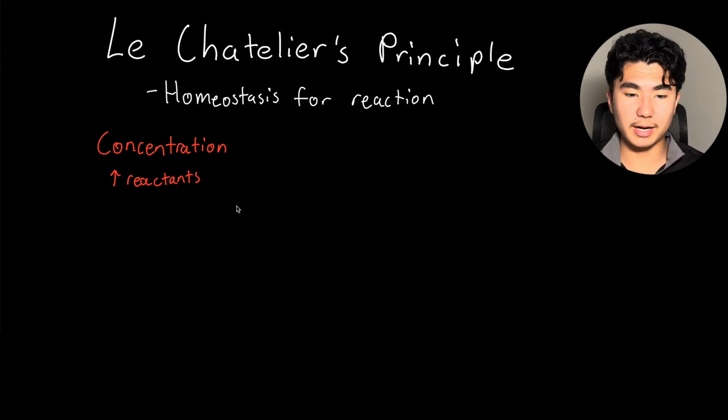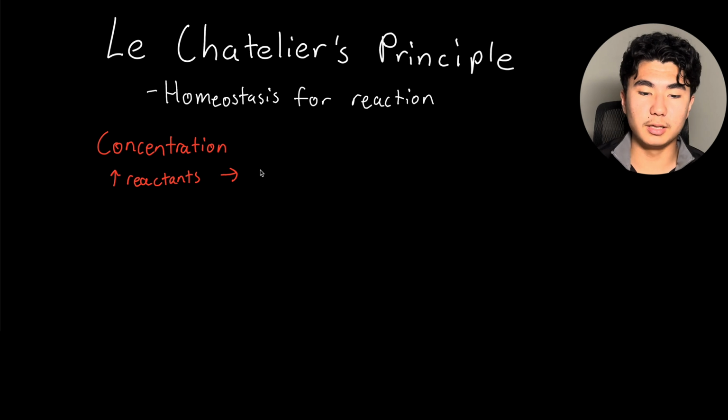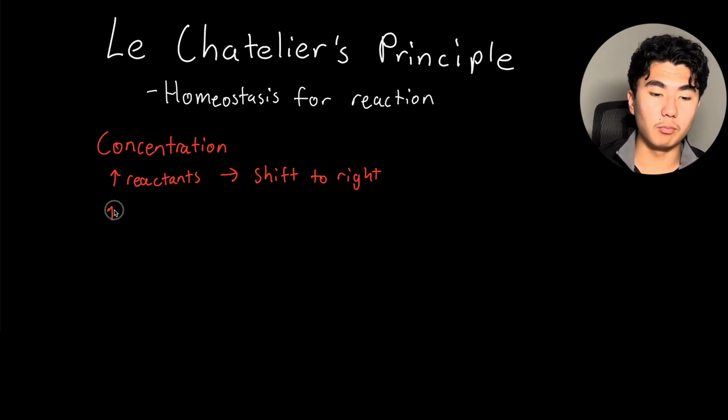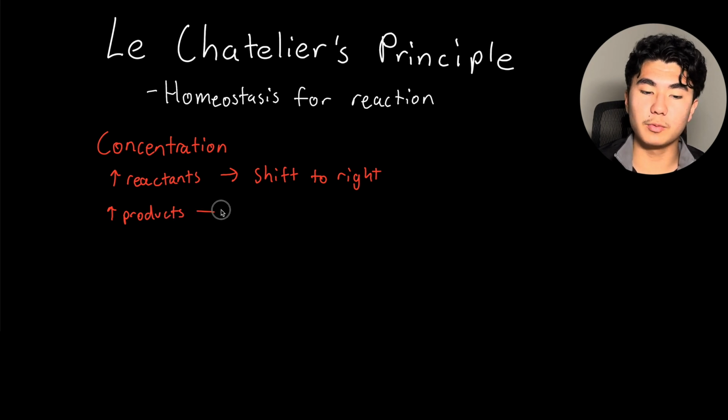So an increase in reactants is going to result in a shift to the right. So the reaction is going to shift to the right in order to bring the reaction back to equilibrium. Now, if there were more products, then we'd see the opposite, where the reaction would shift to the left.